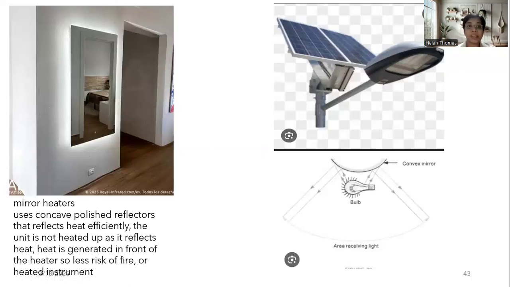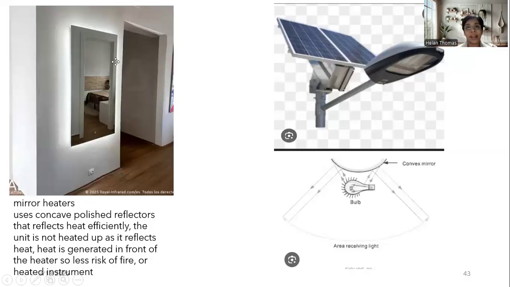The good thing about this is you have the instrument at one place, but the light ray is going to converge at the focus, which is in front of the mirror. So the heater is not getting heated up. Rather, the heat is getting concentrated outside the heater. So the heater and the appliance will not get heated up, and it will not catch fire. So there is less risk of fire and less risk of a heated instrument.